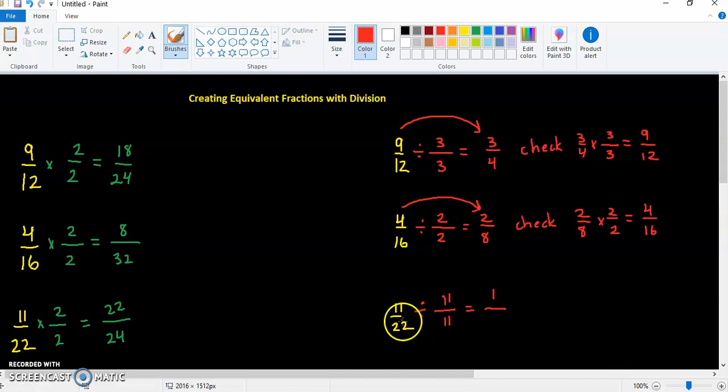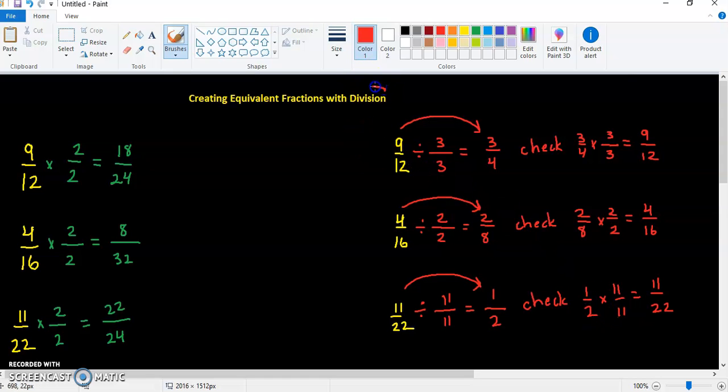And if I divide 22 by 11, well, 11 goes into 22 twice. So 11/22 is actually equivalent to 1/2. And you can check to see if that is accurate. You can say, well, if I start with 1/2 and I multiply both of them times 11, 1 times 11 is 11 and 2 times 11 is 22. So we know that we've done this accurately.